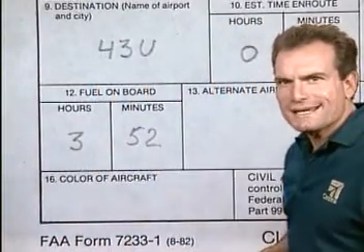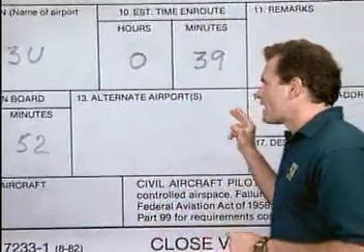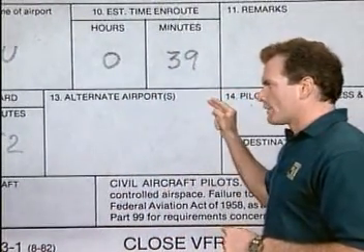In Block 13, you're asked to specify your alternate airport. Now, since this is a VFR flight plan, an alternate airport is not required. However, listing an alternate airport is a good idea. It tells the flight service station your pre-flight intentions, and if you couldn't land at your destination and were unable to communicate with them, they would know what you're intending to do.